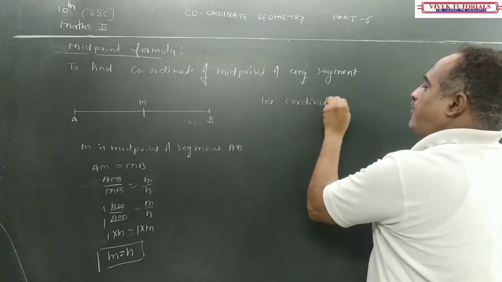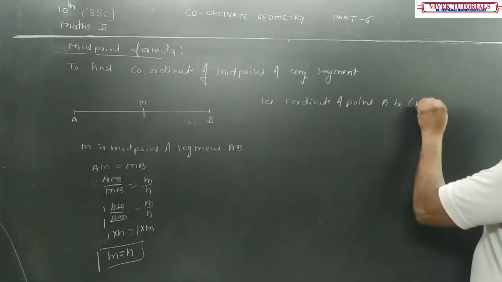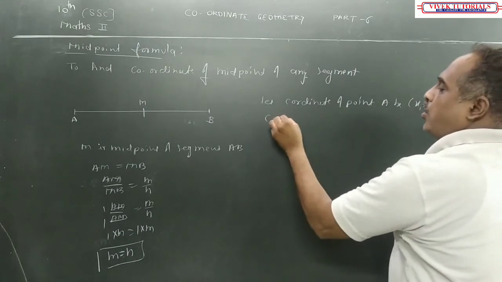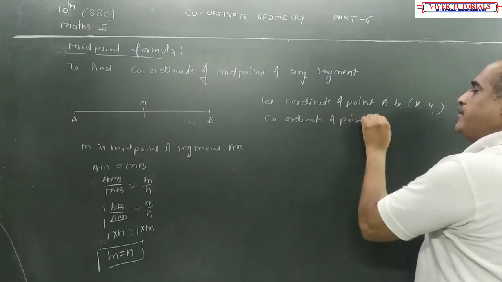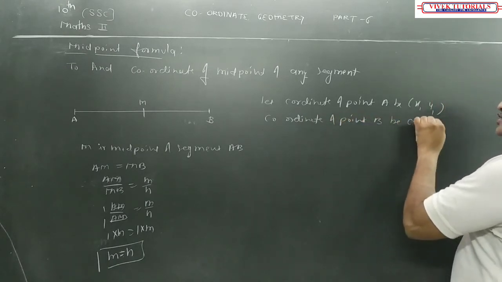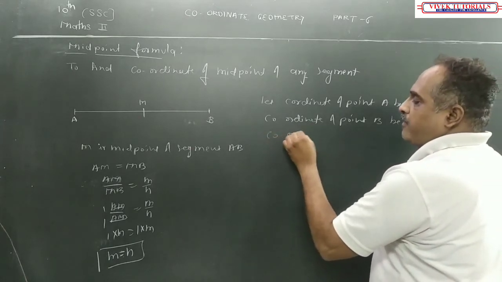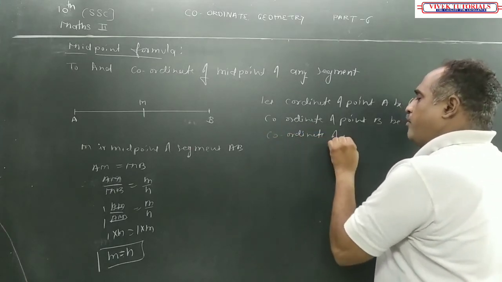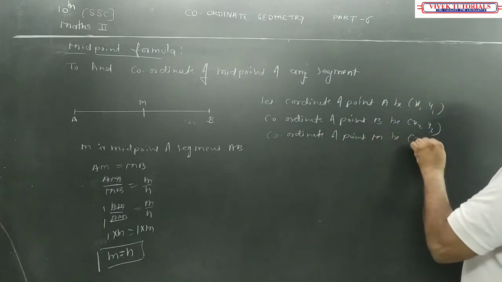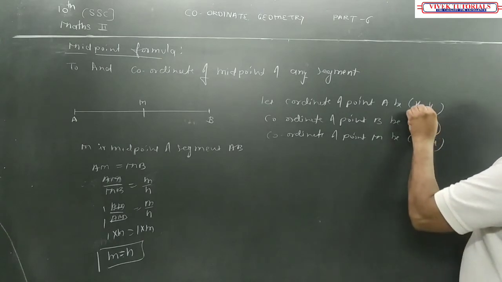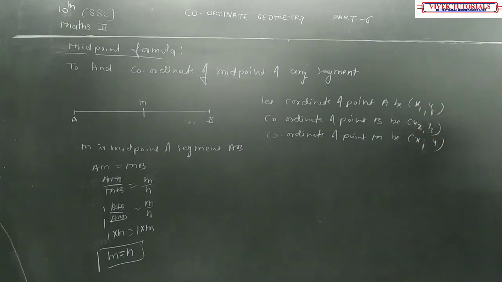Let coordinate of point A be x1 y1, coordinate of point B be x2 y2, and coordinate of point M be x comma y. See, this is x1 y1, this is x2 y2, this is just xy.